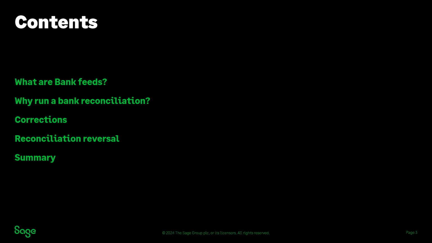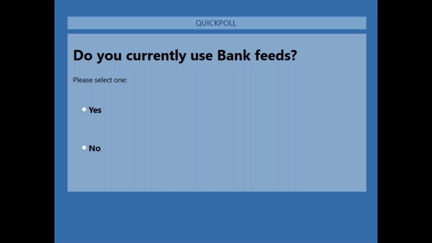Just before we move on, just want to launch a poll on your screen there. I'm just wanting to know which of you are currently using bank feeds at the moment. Like I say, there's no right or wrong answer. We just want to gain some insight of who's currently using bank feeds alongside their bank reconciliation process.